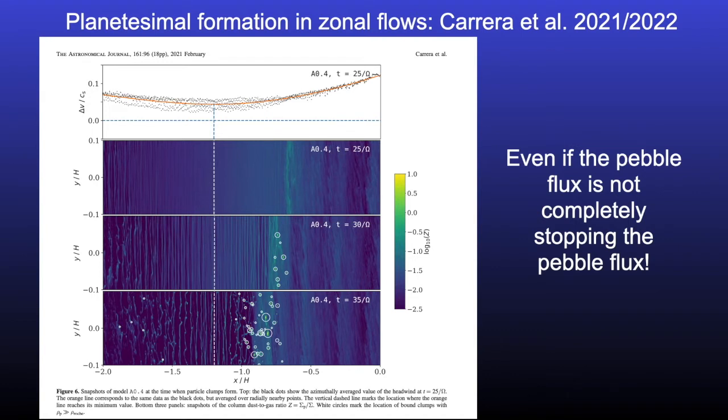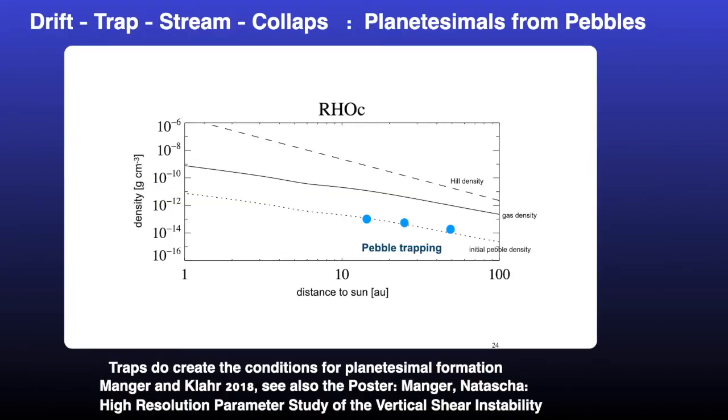So if you have no pressure bump and just rely on streaming instability, then you need a certain metallicity. But if you have a pressure bump, it helps you to increase the metallicity so much that you can still trigger it. That there is radial structure and densities, that your pebbles start at some distance to grow, and this is their density at which they are initially available.